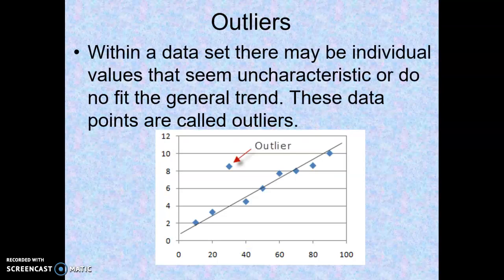Now, sometimes when we're graphing and we begin to analyze the results, we'll find that some data points are going to stand out. We're going to call those standout points an outlier. These data points don't fit the general trend. Now, we might wonder, is this a bad piece of data? Is this something that went wrong, an error that we made in an experiment?